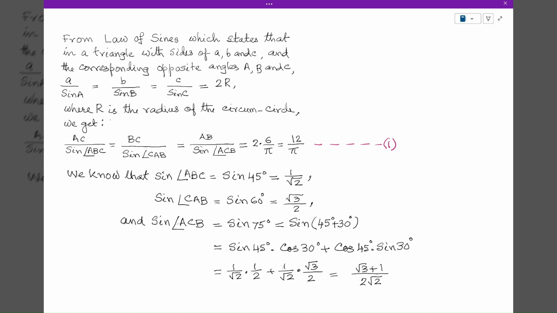So we get, in this case, AC divided by sine angle ABC is equal to BC divided by sine angle CAB is equal to AB divided by sine angle ACB, which is 2 multiplied by 6 by pi, which is equal to 12 by pi. Let us call it equation 1.